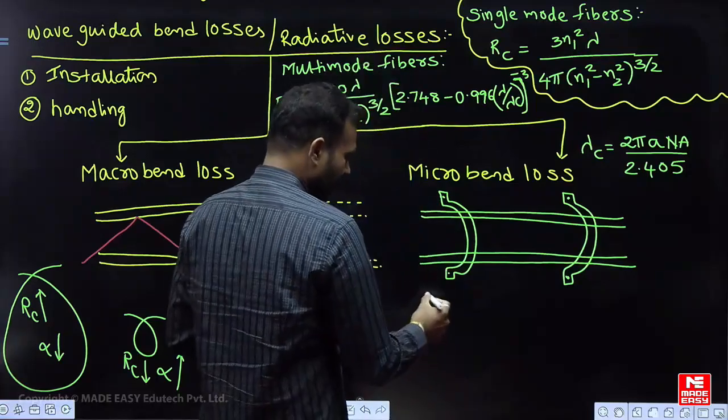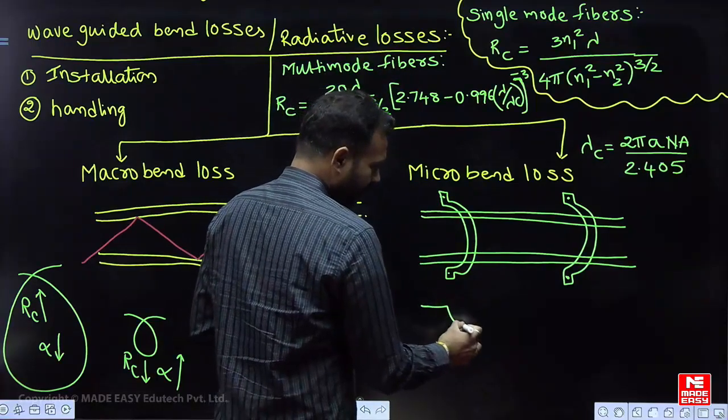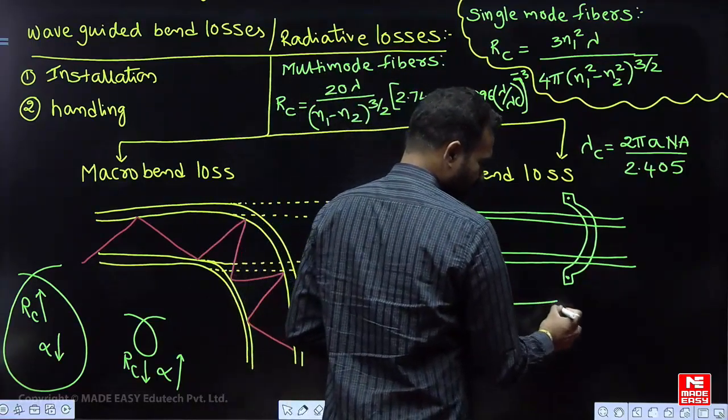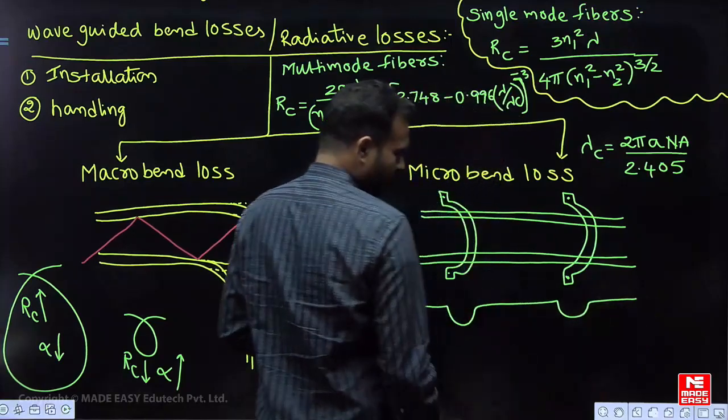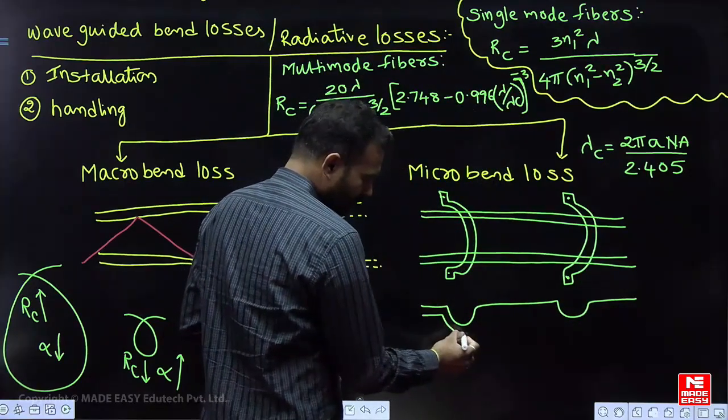Because of that external pressure, you get a geometric imperfection. We can see the geometric imperfection as shown in the figure.